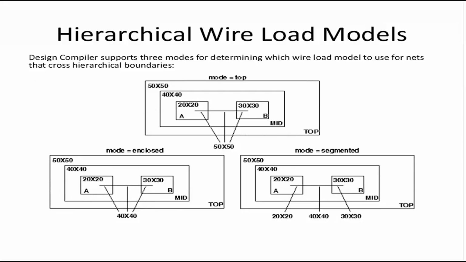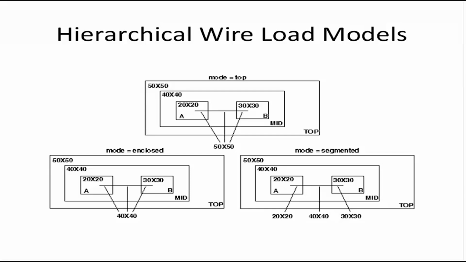Let's look at the figure to understand this better. Now we are talking about this net. Let's say there are 3 or 4 wire load models available to us: 50 cross 50, 40 cross 40, 20 cross 20, 30 cross 30. Each of these wire load models, as the name suggests, depends on the area.